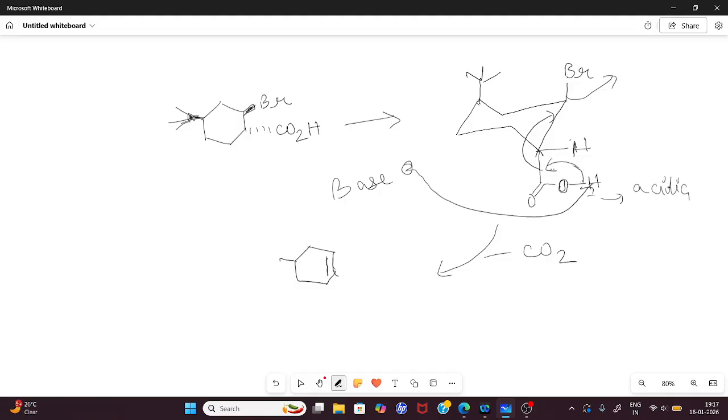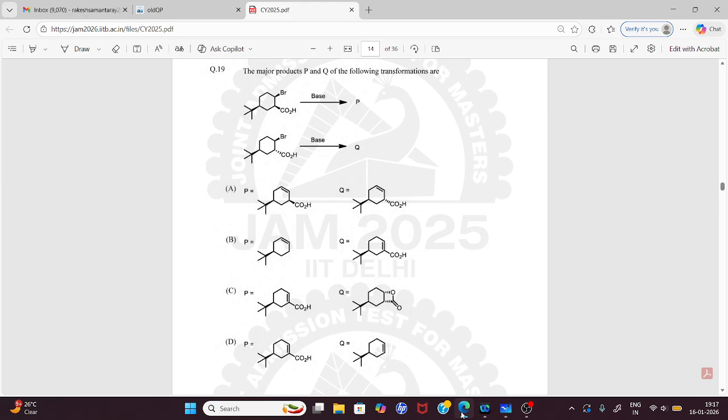So here you get something like this, which is your product Q. If you look at the options, we had shortlisted two options, product C and D. If you look at it clearly, option D is the correct answer.